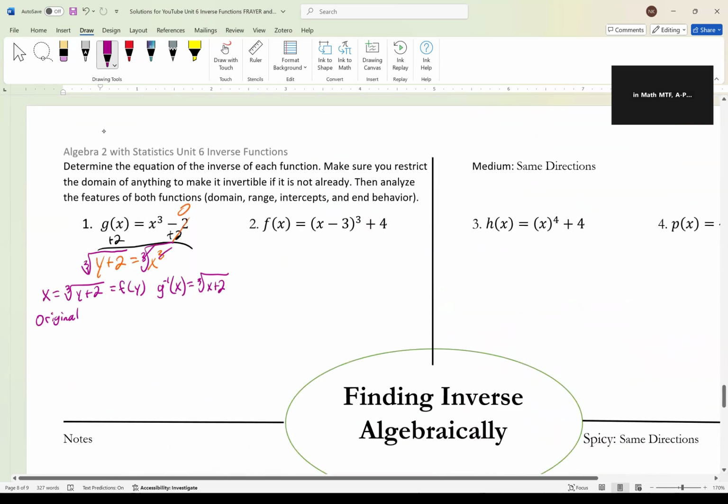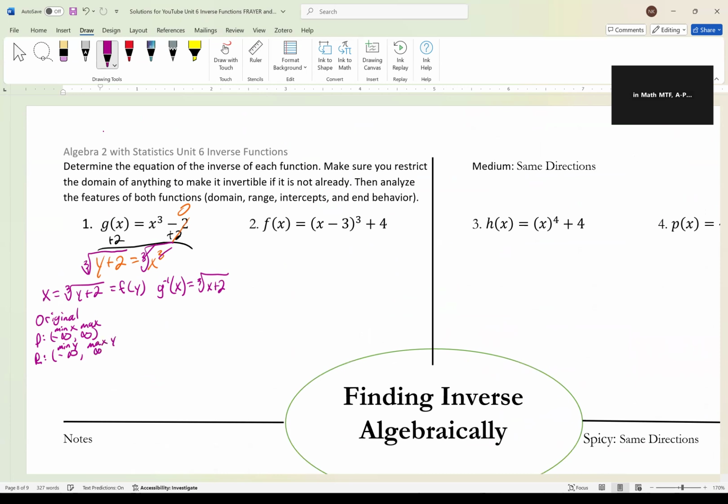And so when I'm looking at the domain there for that original, it never quits going left, never quits going right. Notice minimum x, maximum x. That's it. Range. It never quits going down, so minimum y is negative infinity. Maximum y is positive infinity. There's my domain and range.